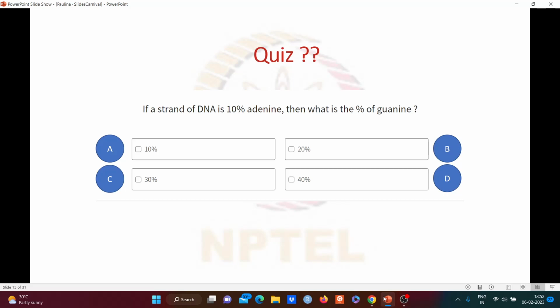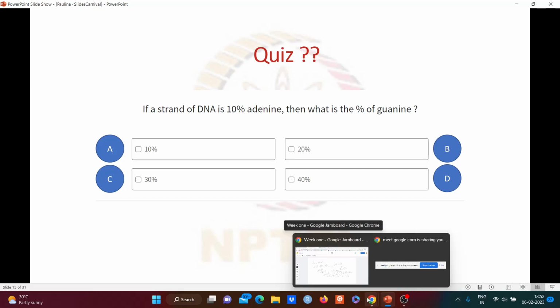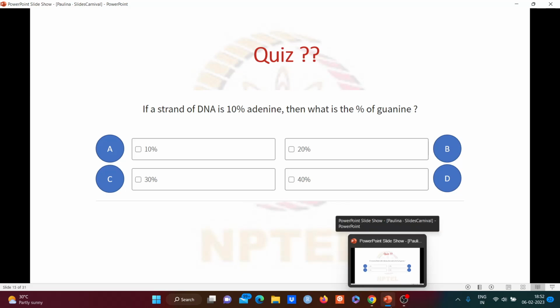Okay, let's start with the third question. The third question is: if a strand of DNA is 10% adenine, then what percent of guanine is present?